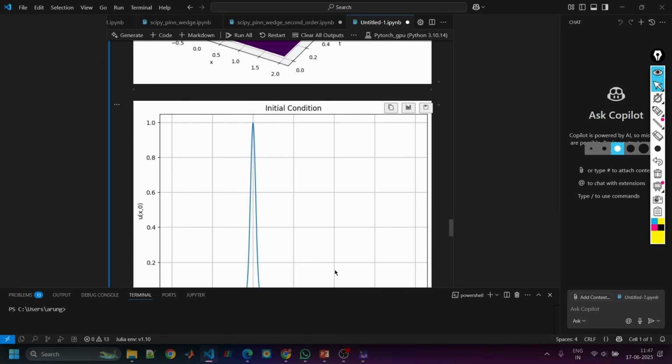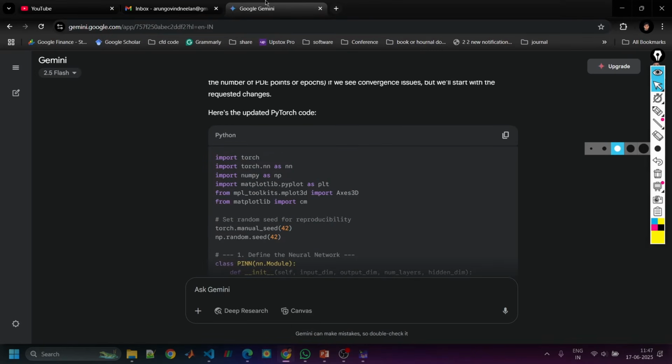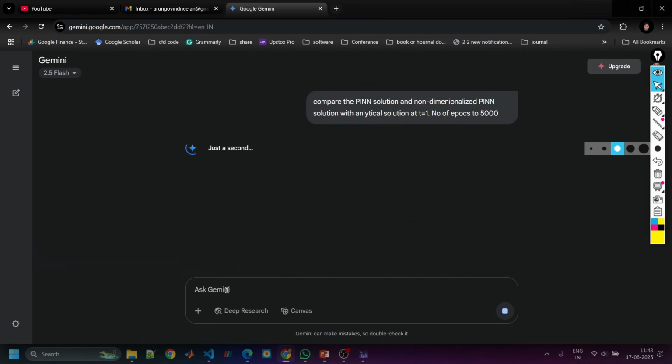So now we shall see the effect of the non-dimensionalization parameter on this equation. Now we shall ask this Gemini to set the number of epochs to 5,000. So let it complete the process.